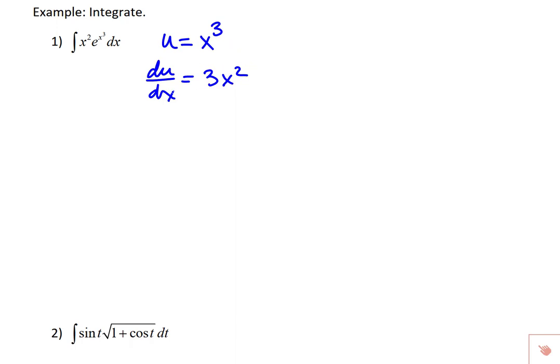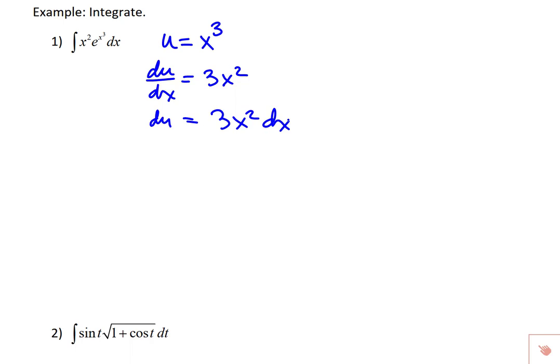But then we also would like to start to spot the ways we're going to substitute u values in for our original integrand. If I multiply both sides of this du dx equation by dx, I would end up with du equals 3x squared dx, which is getting better.